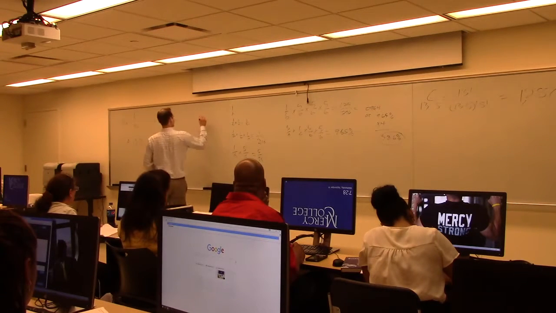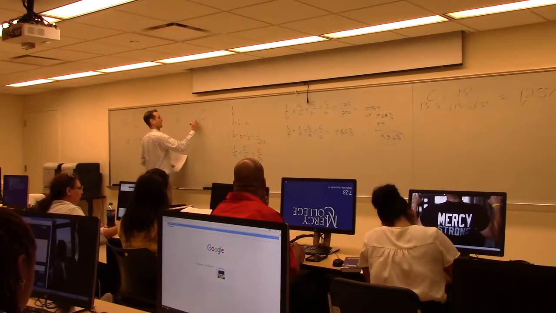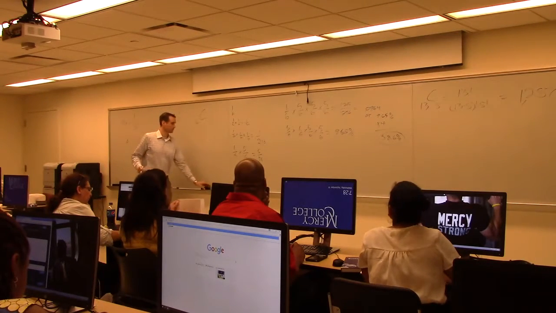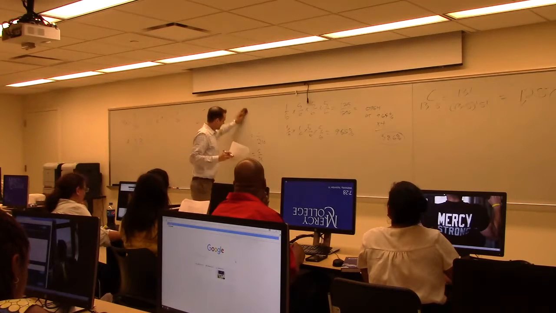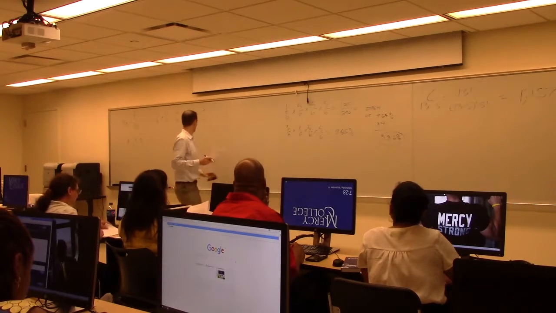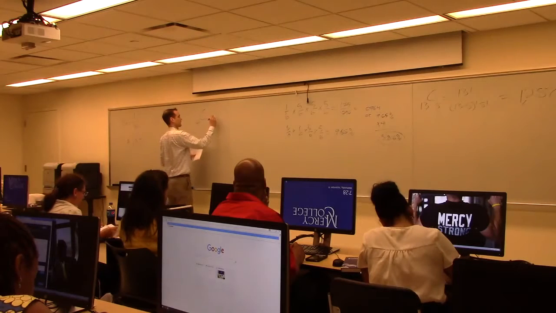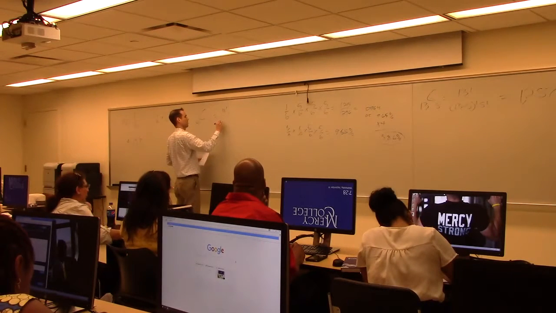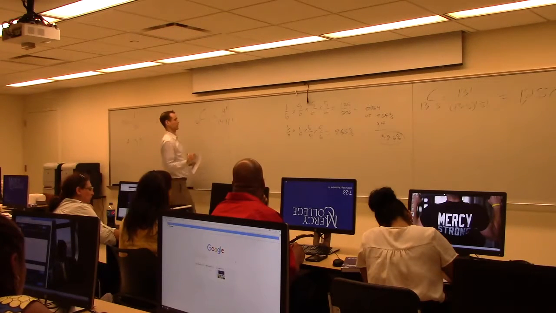Okay, so let's do combination, 4 things, 4 rolls. How many combinations of 1 are there? Let's use our formula. Okay, we've got the formula. That's going to be 4 factorial over 4 minus 1 factorial over 1 factorial.